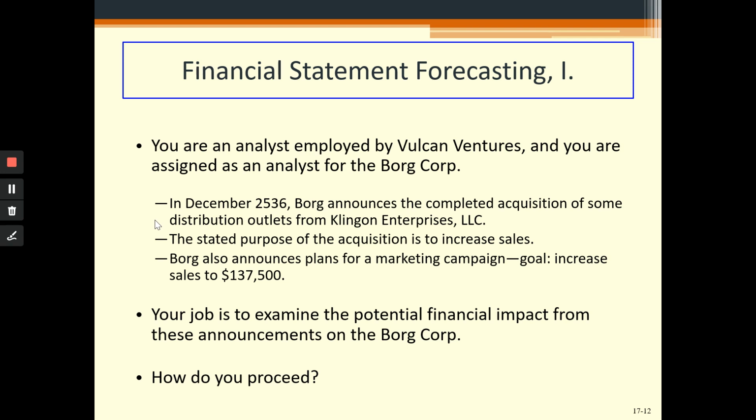So now the main job over here is to examine the potential financial impact from these announcements on the Borg Corporation. This is your job as an analyst, and you want to see how much funds are needed to support this level of sales.